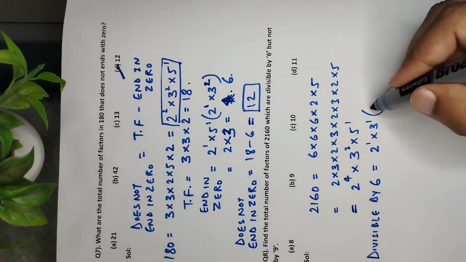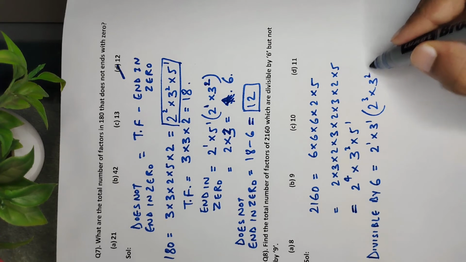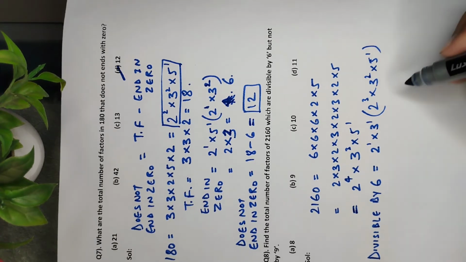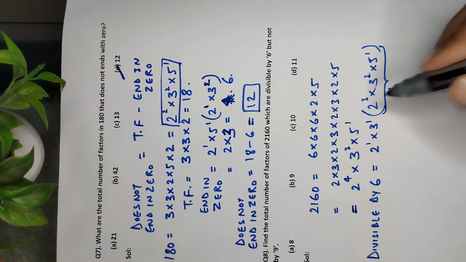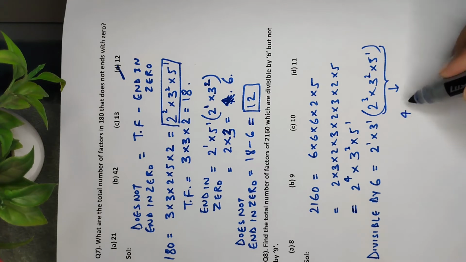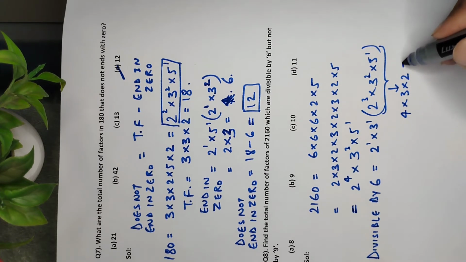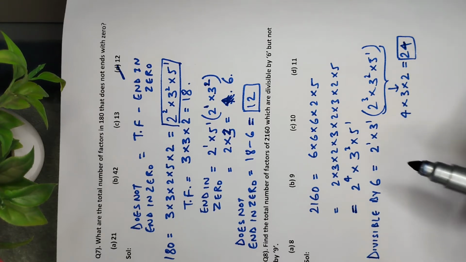The remaining inside is 2 raised to the power 3 into 3 raised to the power 2 into 5 raised to the power 1, and then following the same process as we use to find the number of factors, I can write 3 plus 1 is 4, 2 plus 1 is 3, and 1 plus 1 is 2. So this is 4 times 3 is 12, times 2 is 24. So overall we have 24 factors that are divisible by 6.